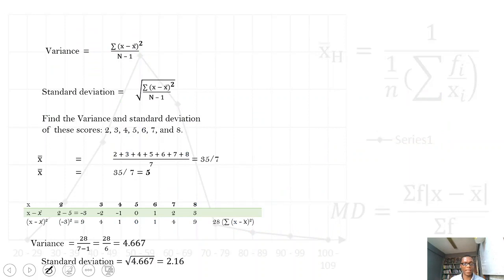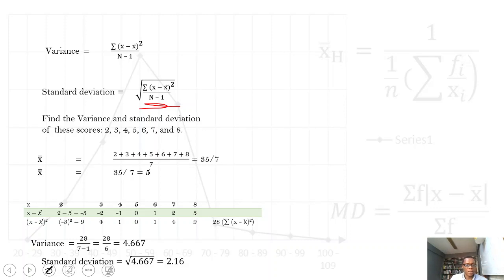Then to find the standard deviation, and you will use this formula if you're dealing with ungrouped data, you will find the square root of your variance, as this shows. So let us look at this exercise. Find the variance and standard deviation of these scores. The scores are 2, 3, 4, 5, 6, 7, and 8.